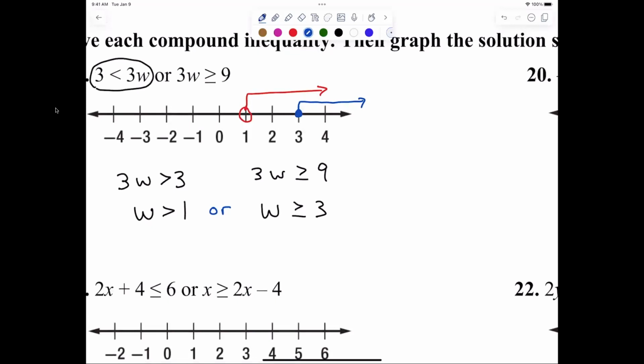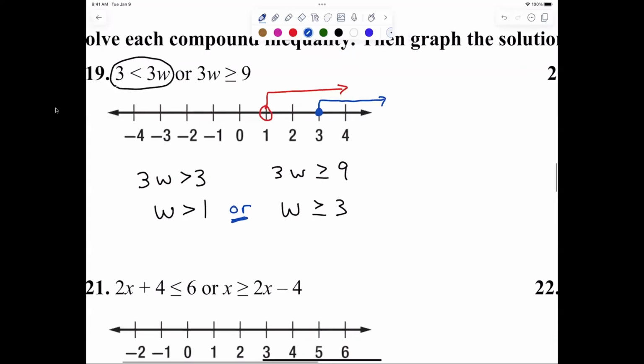An OR statement, for those of you who know English, means one of them has to be what? True, or what? Both of them have to be true. You need one of them to be true, or both of them could be true. That's what they're talking about for an OR statement.